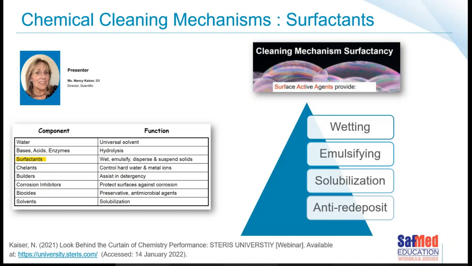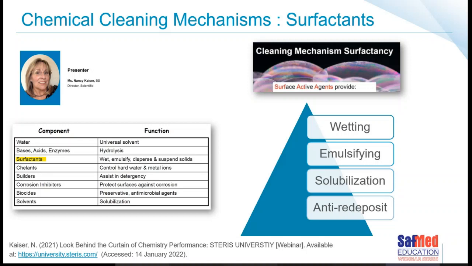Surfactants are also known as surface active agents, and their cleaning mechanisms include wetting, emulsifying, and solubilization. Now remember last week we spoke about adding chelating agents into the water or into the detergent. What chelating agents will do is prevent the minerals that occur naturally in water from remaining or forming white spots on your instruments.